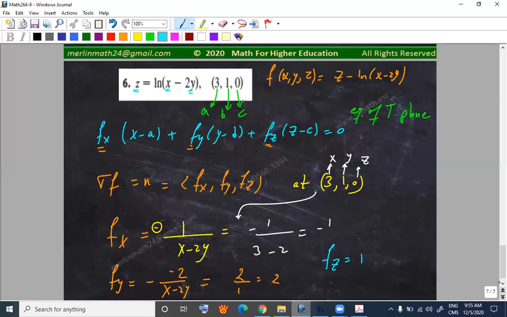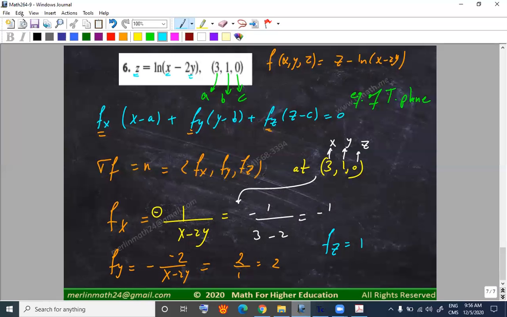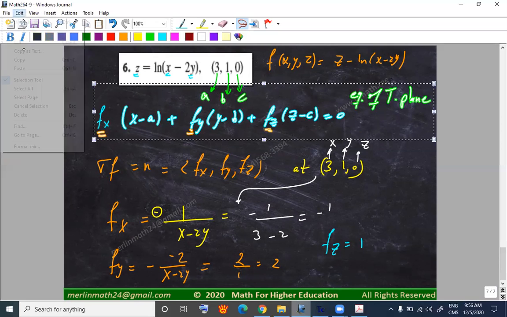So the equation of the tangent, let me copy this. You want to replace those numbers, minus 1, 2, 1, and we just plug in.